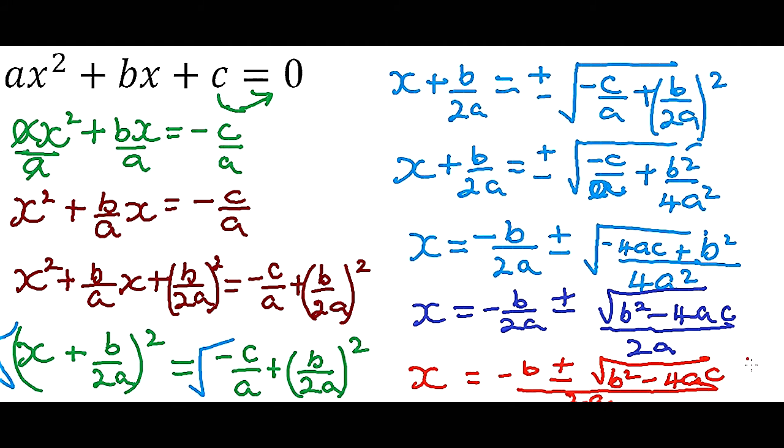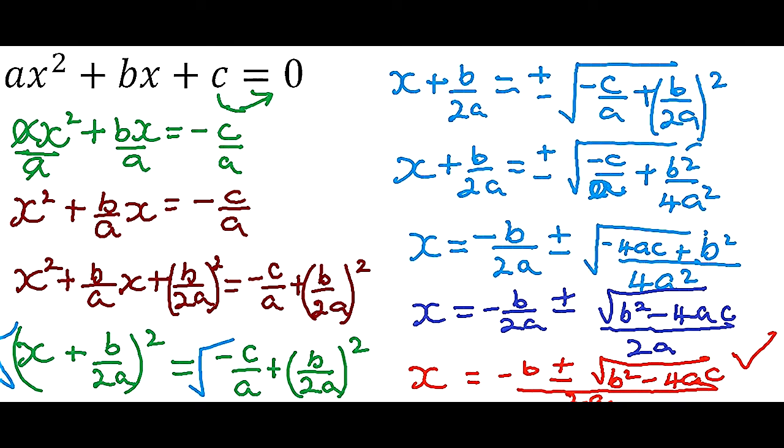So this is our quadratic formula. So what you need to do is to identify the coefficients a, b and c of the given equation, and you substitute here, and you'll be able to get the solution to the quadratic equation given.